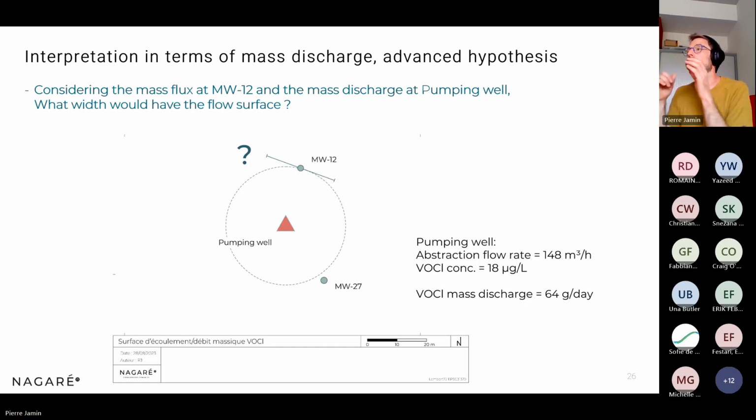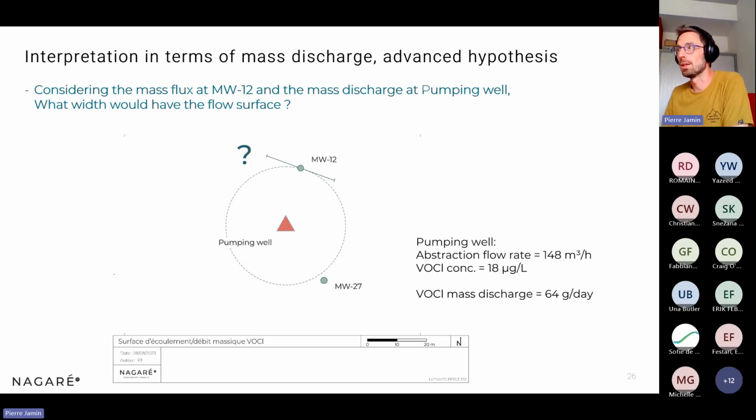So knowing this mass discharge recovered at the pumping well and knowing the mass flux that we measure at the monitoring well 12, what is the width of the flow surface that is necessary to induce this 64 grams per day?